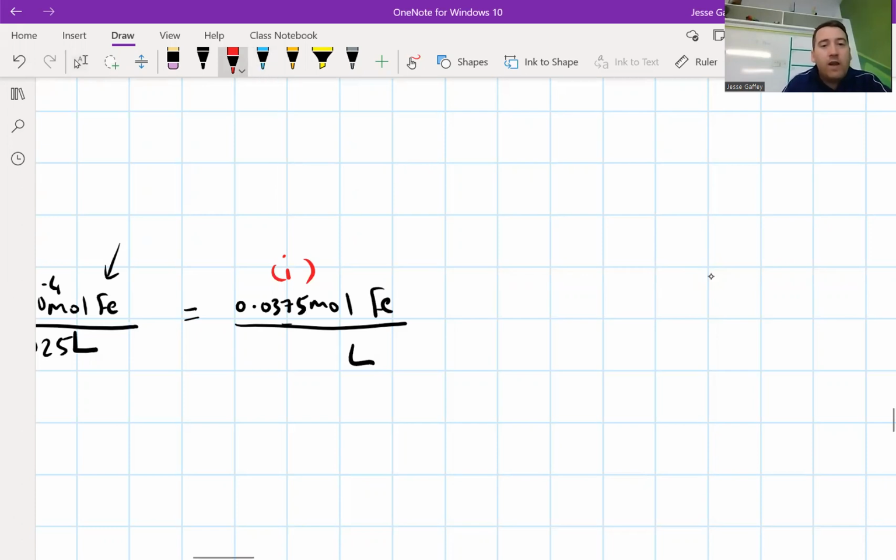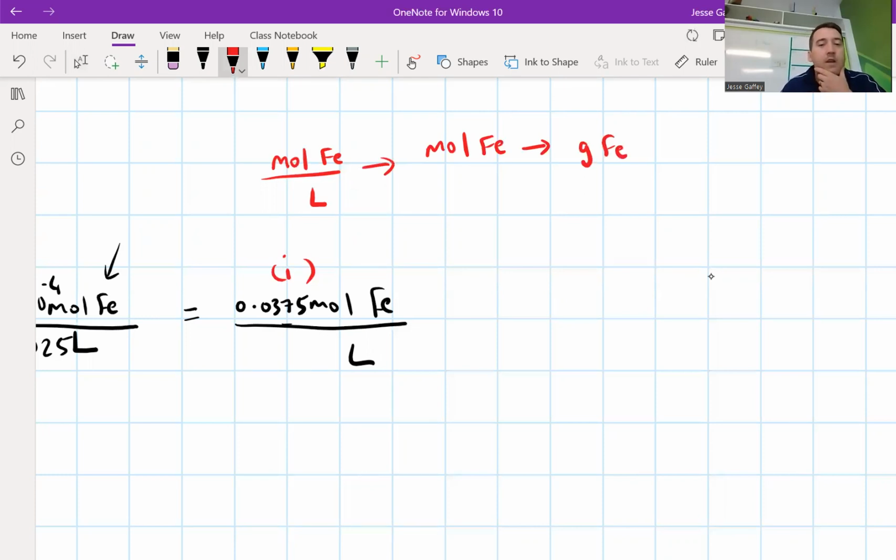So currently we have moles of Fe per liter, and we're going to find how many moles there are in 250. So we're going to get rid of liters because we don't want it to be in liters. And then once we have moles of Fe, we want to find out how many grams of Fe that was.